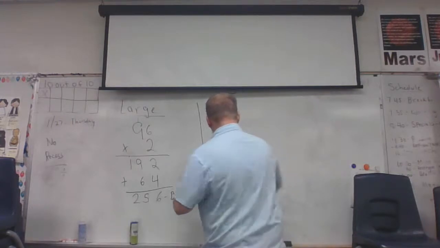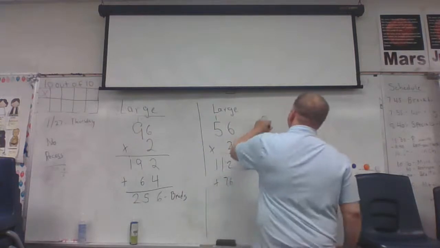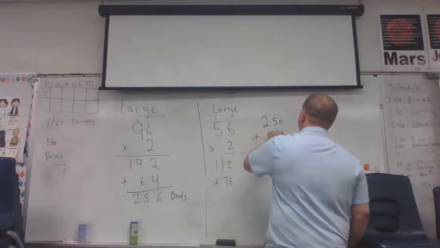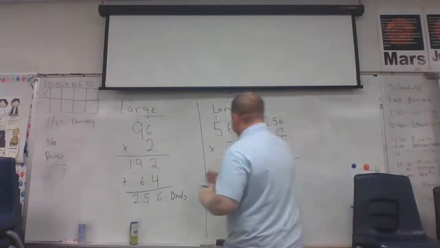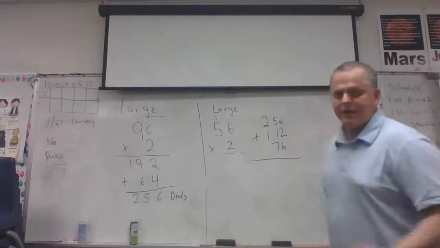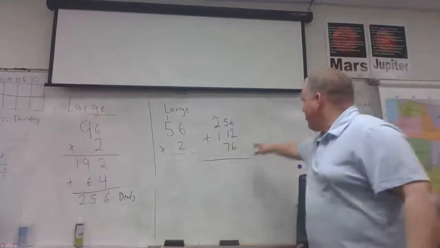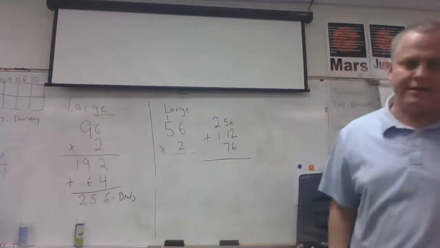Actually, what you can do now is take 256 plus 112 plus 76, and you're going to get your total number of beads and buttons. So add those 3 numbers together: 256, 112, and 76.